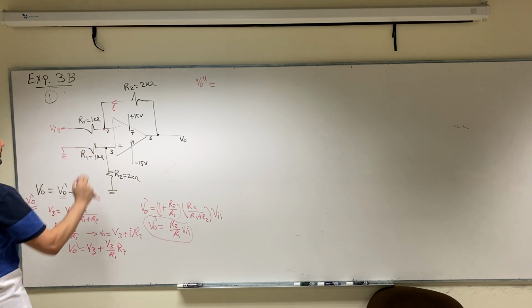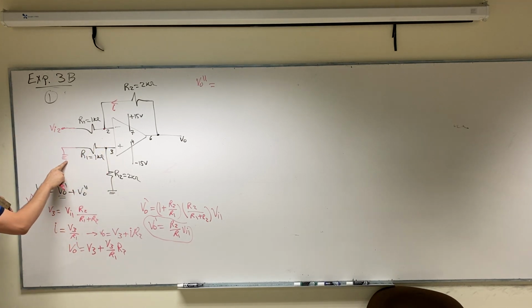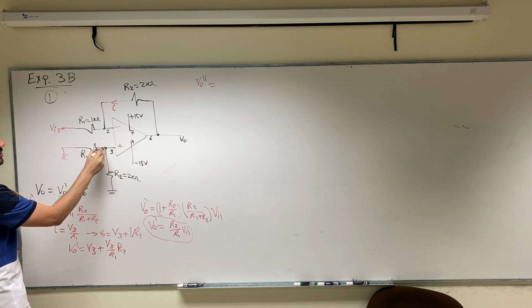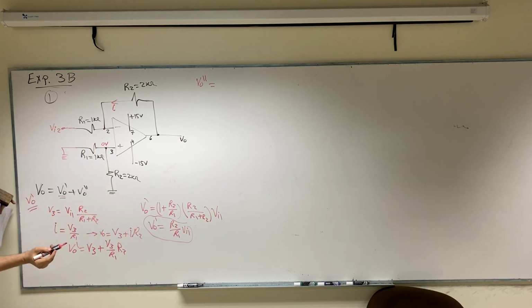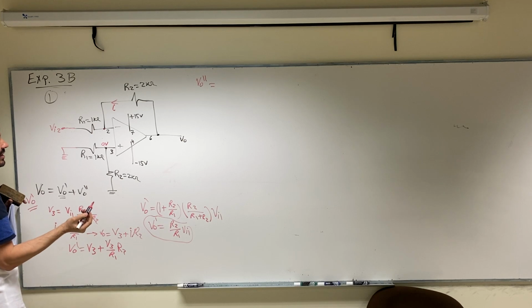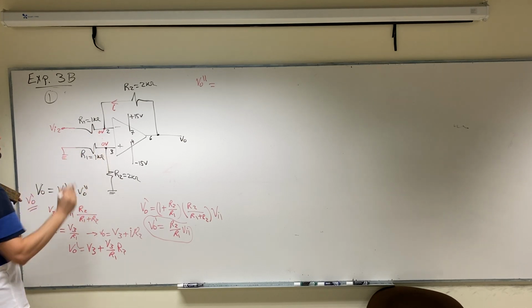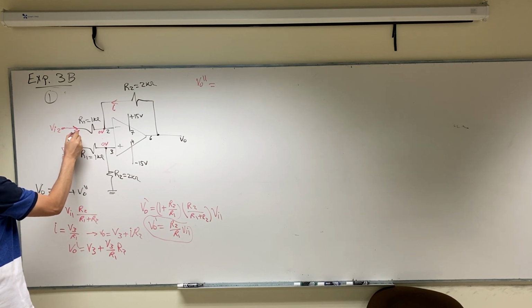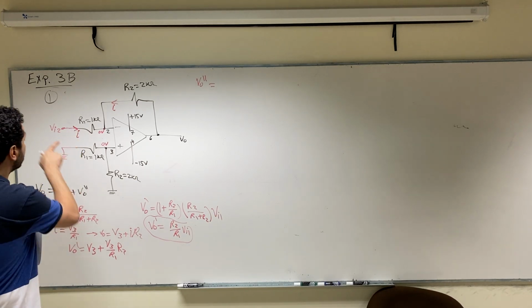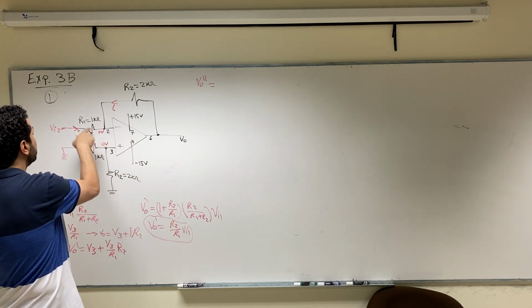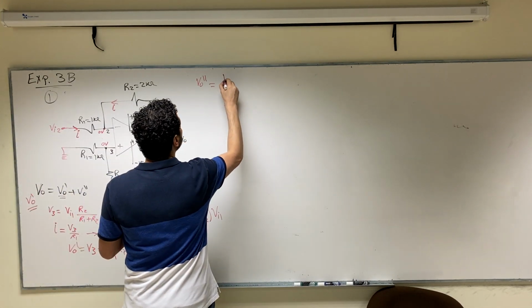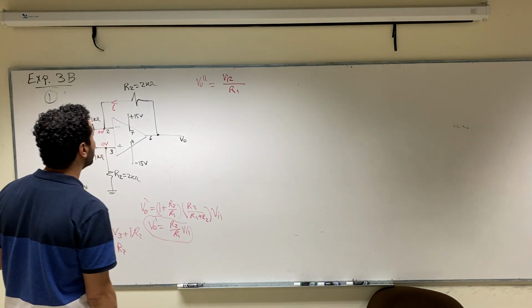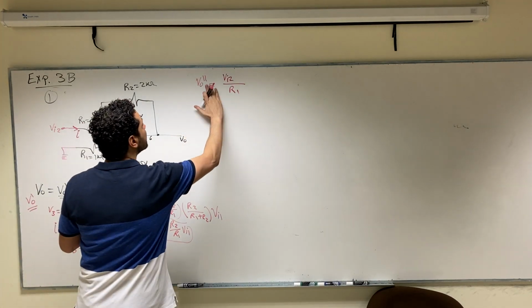If V input 1 is connected to ground, this is 0, this will be by default 0 volts because there is no current that will go in this part. So the current that will go here, let's call it I, is V input 2 minus 0 over R1. I'm so sorry, this is not V.